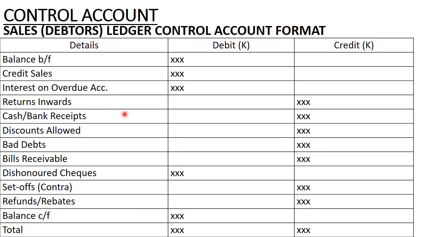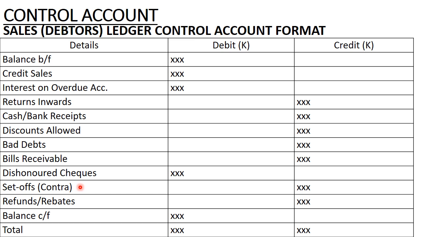Cash or bank receipts, credit; discounts allowed, credit; bad debts, credit; bills receivable, credit; dishonored checks are going to be on the debit.